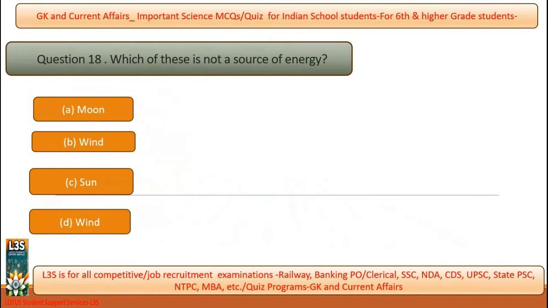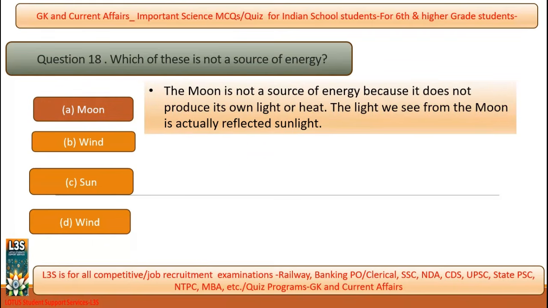Which of these is not a source of energy? Moon, wind, sun, and again wind. So here correct option is A, moon. Moon is not a source of energy because it does not produce its own light or heat. The light we see from moon is actually reflected sunlight.